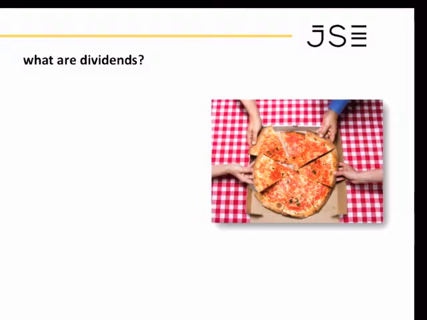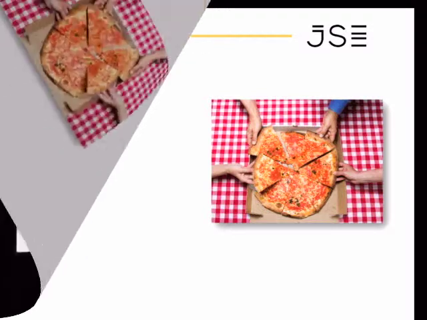Now we're looking at dividends. So what are dividends? Okay, so if you own shares in a company, dividends is basically when you get to participate in the earnings of the company. So you've bought a stake in a company, and when you earn dividends, it's when you get a piece of their profits.